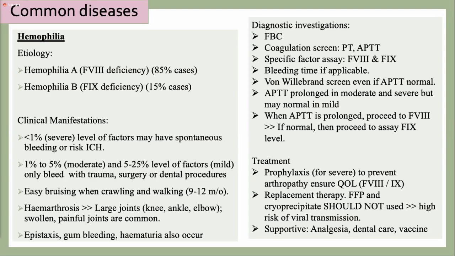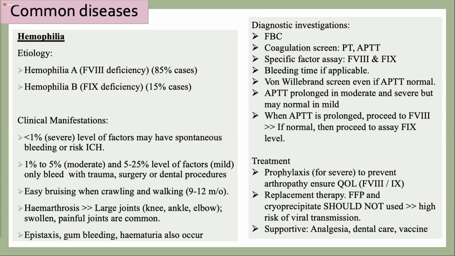Okay. In terms of clinical manifestation, the severity of hemophilia can be divided according to the level of the factor. If the level of factor is less than 1%, we consider it a severe type of hemophilia, which will have spontaneous bleeding or high risk of intracranial hemorrhage.